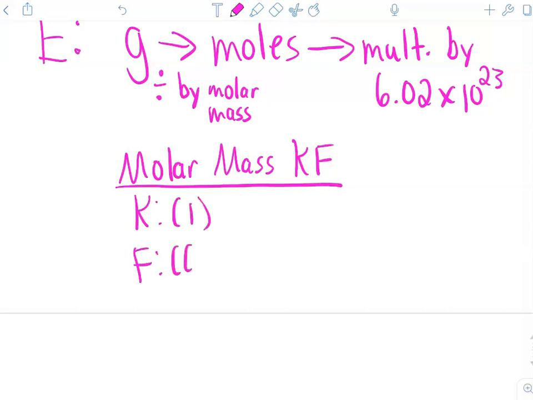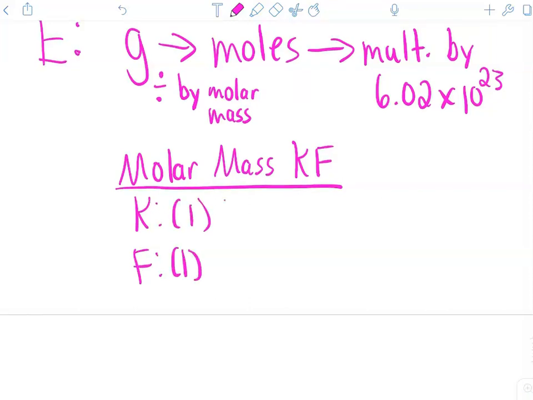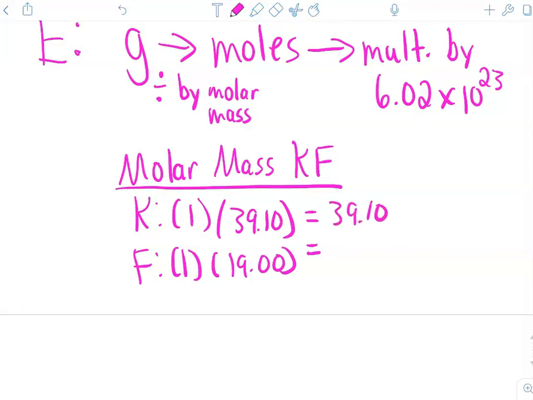I'm just going to go through and find the molar mass here. 39.10 for potassium and 19.00 for fluorine, add them together, and we get 58.10 grams per mole.